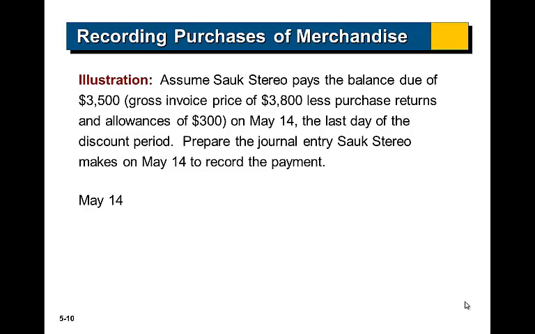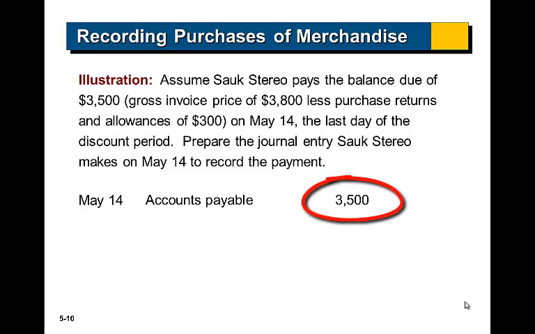Now, let's look at the entry. We know we need to debit accounts payable because we are paying on account, but the question is, by how much? We actually debit accounts payable by the entire amount in accounts payable, which is $3,500.